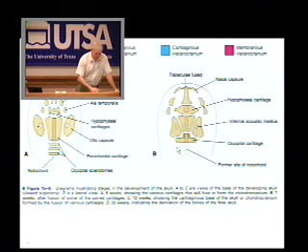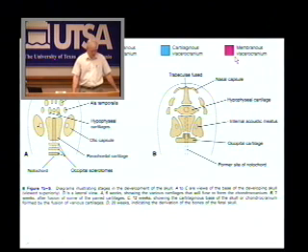So this dark red color is the membranous viscerocranium. So these are forming, in part at least, from the mesenchymal cells of the pharyngeal arches. So mesenchyma that differentiated from the neural crest cells.